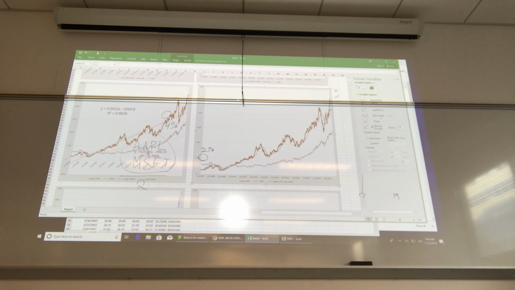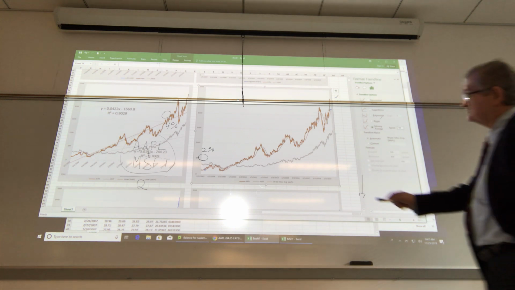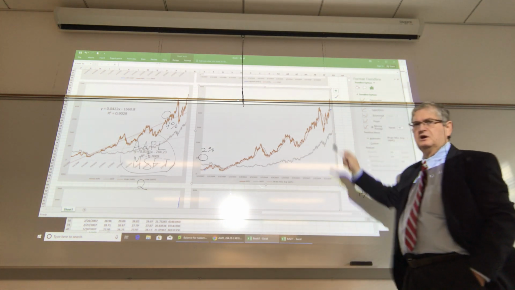But the Wall Street Journal gives you an average of 200 days. And if you have other software, you can get a moving average over a year, which means 365 days. If you have a moving average here, it tells you what is happening to the moving average.